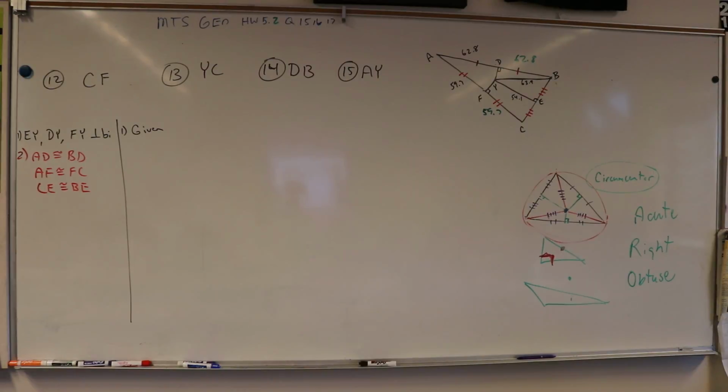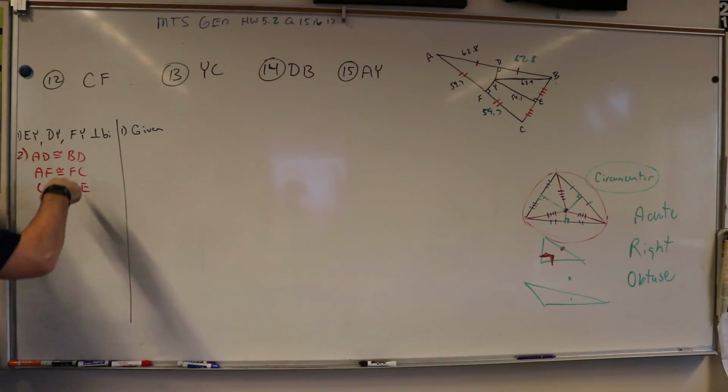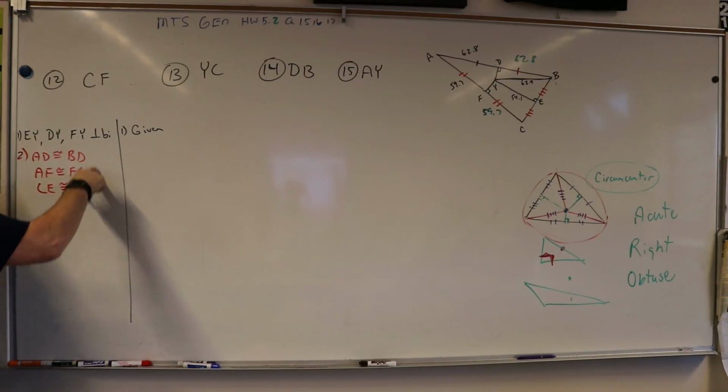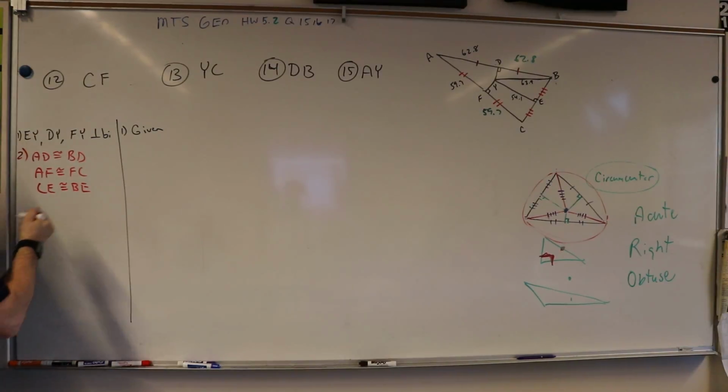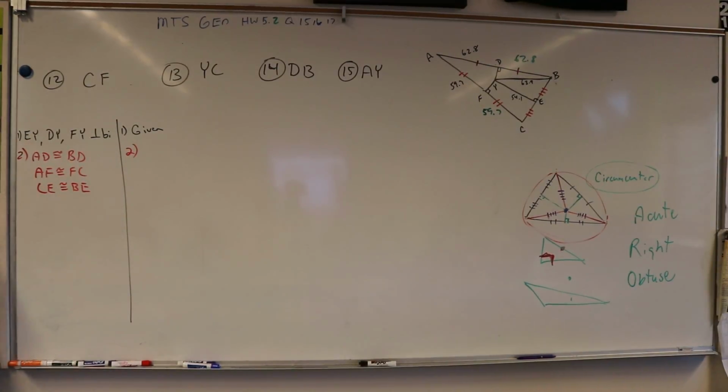So does that answer any of our questions? Are we looking for CF? Cool. So why do we know this, by the way? What's step 2? Why do we know that? How do we know that those are equal? What's this called?